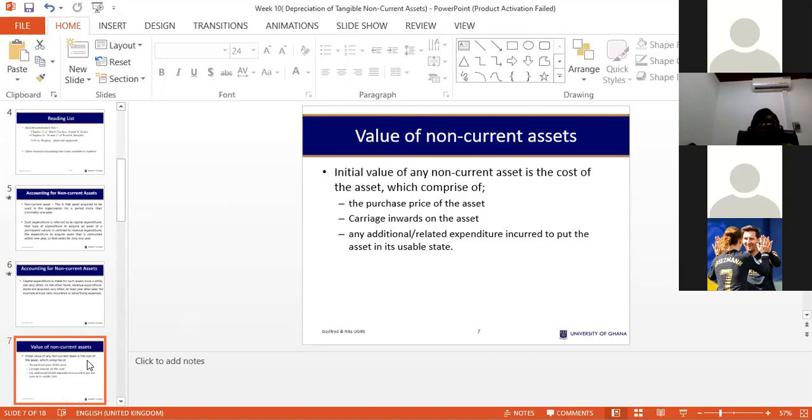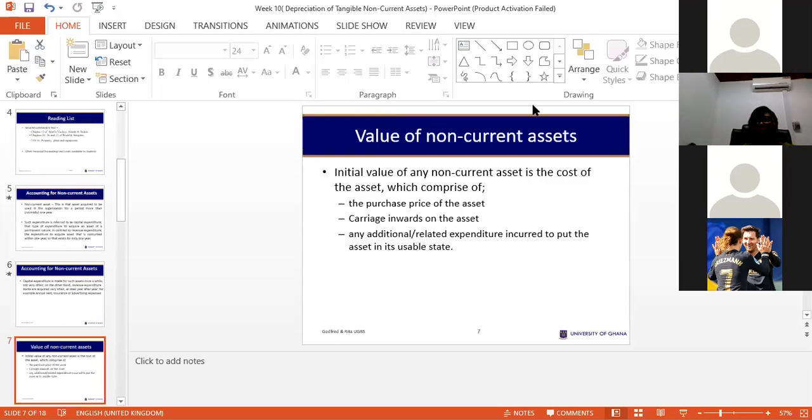Now, how do we determine the value of the non-current asset when we incur the capital expenditure? One of the key amounts is the purchase price. So if we go and buy a motor vehicle, we know the cost of the motor vehicle is the purchase price. But sometimes, when we buy equipment, it is not only the actual cost of the equipment.